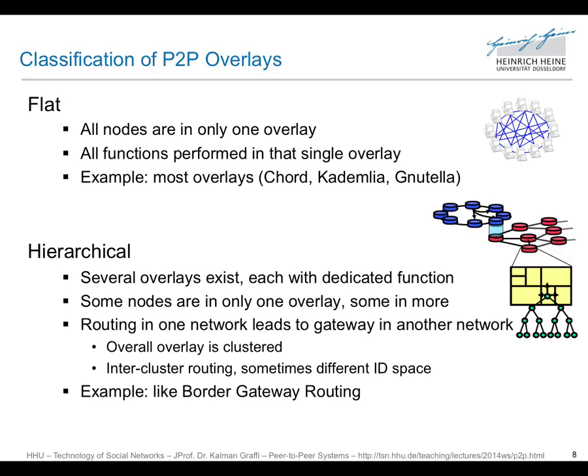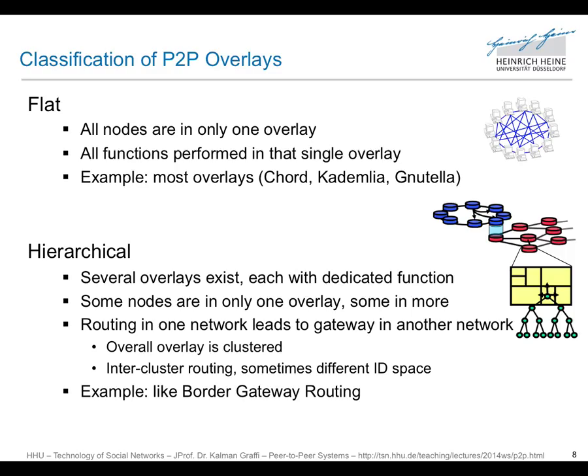Hierarchical peer-to-peer overlays combine different routing mechanisms into one big overlay. For example, the routing in the blue overlay is among these blue dots, and one blue dot is a red overlay network, and one red node in this overlay is again a different overlay.